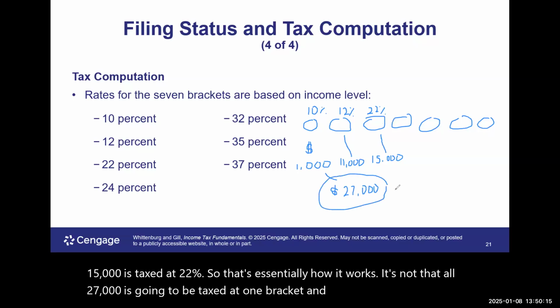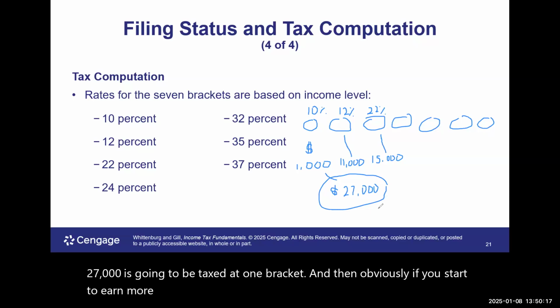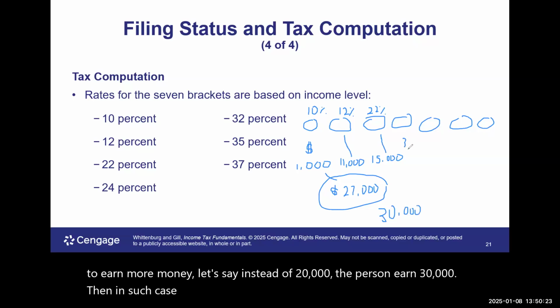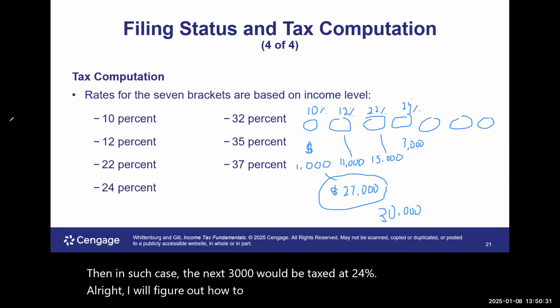And then obviously, if you start to earn more money, let's say instead of 27,000, the person earned 30,000, then in such case, the next 3,000 would be taxed at 24%. All right, I will figure out how to master this writing, but hopefully that helped make sense.